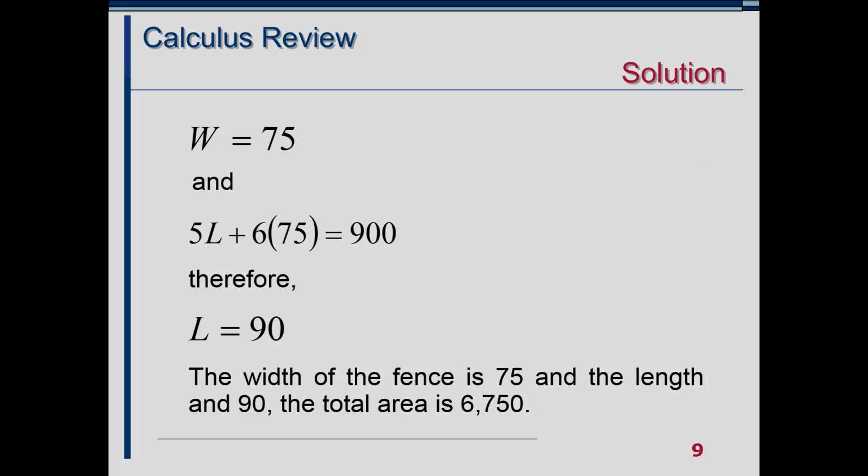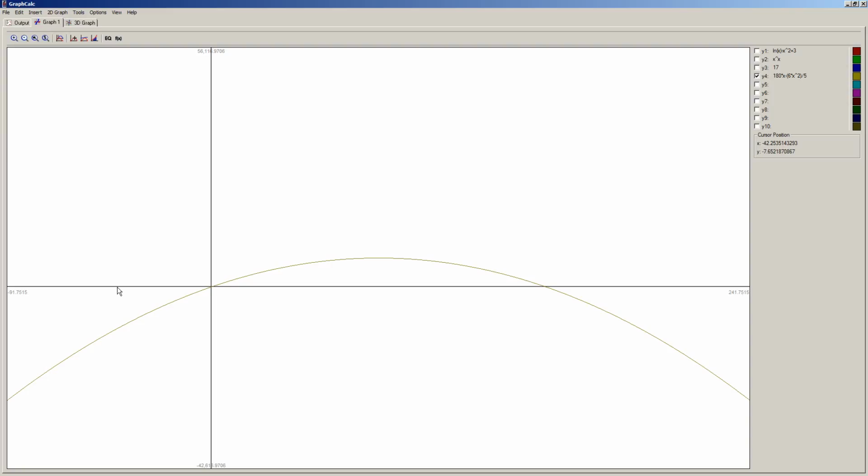Also, now we can go in and plug in this 75 to our width out of our original perimeter equation and solve for L, and we get a value of 90. So what we find is that the width of the fence is 75 and the length is 90, and the total area is 6,750, which is the exact same value that came from when we actually solved this using GraphCalc.